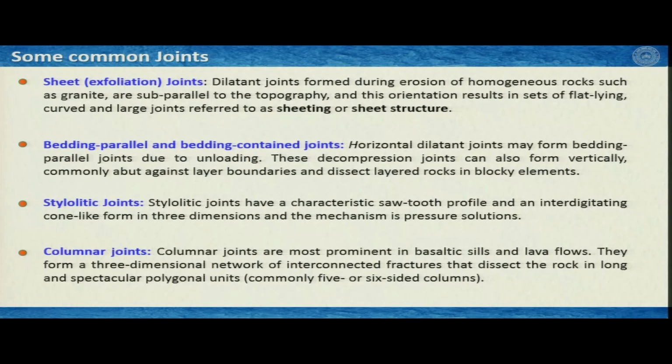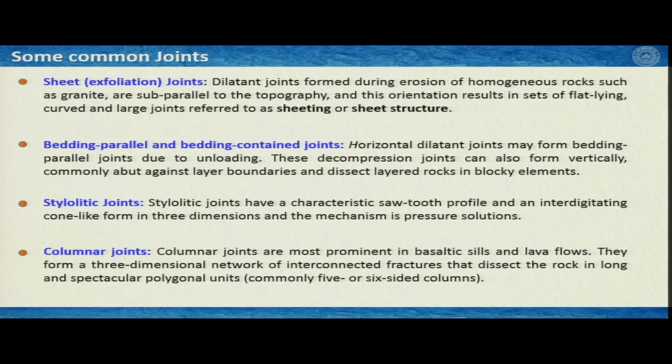If you go to the field and see a granitic exposure, you must have seen that it is exfoliating, like an onion. Some curved joints appear, they are going out, they are falling apart. This is a process of weathering, and these are essentially termed as sheet joints.